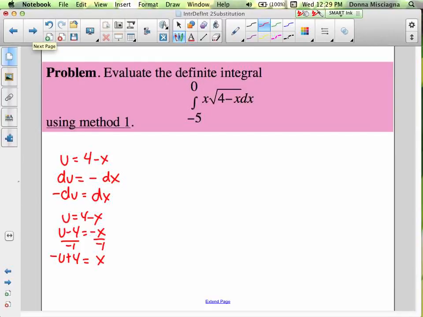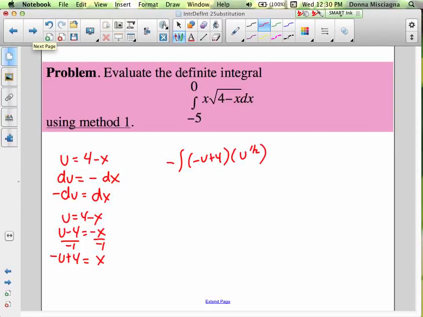All right, let's see if it looks any better. Now we'd have the integral of negative u plus 4, and the negative there, and then times u to the 1/2 power.